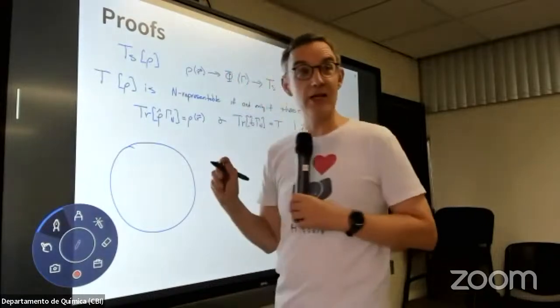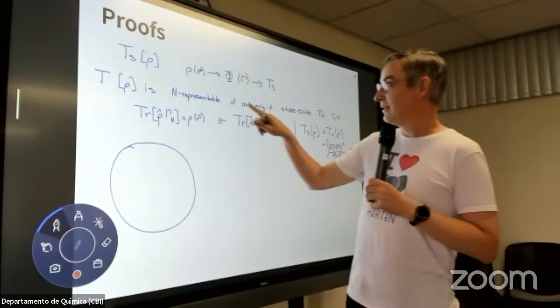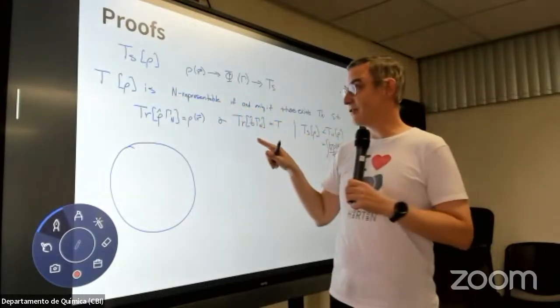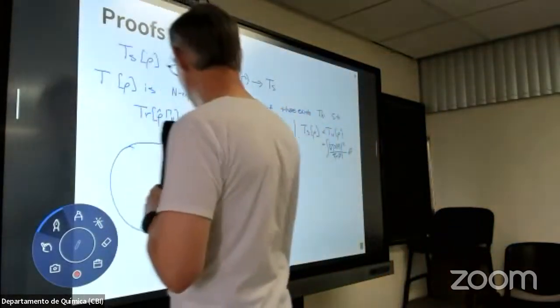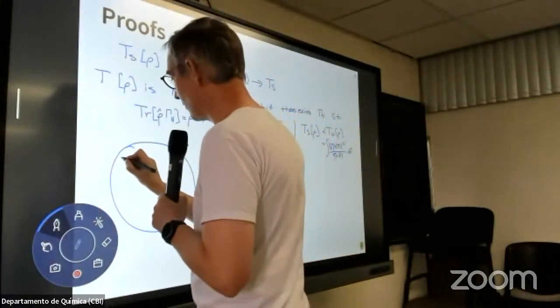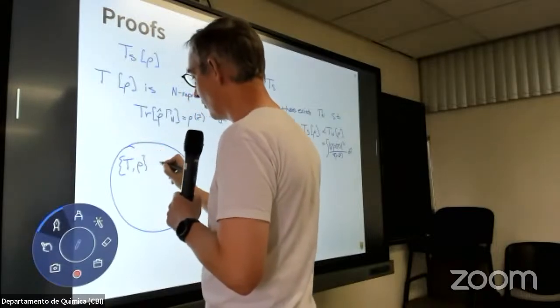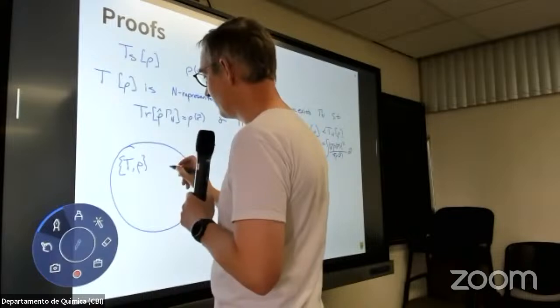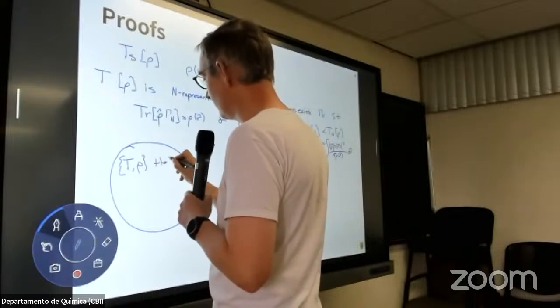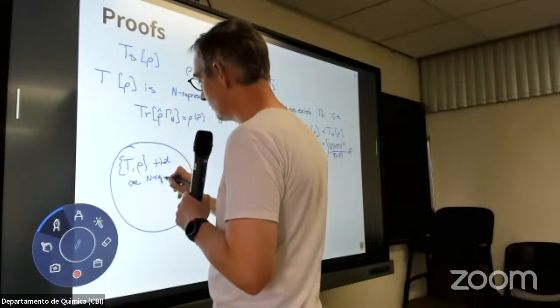So in the same way as before, the set of irrepresentable Ts, right? These are the irrepresentable, if you like. So this is the set of values of T and rho that are irrepresentable.